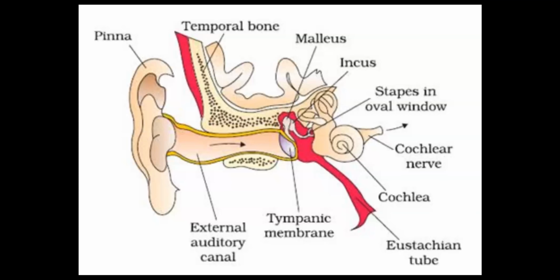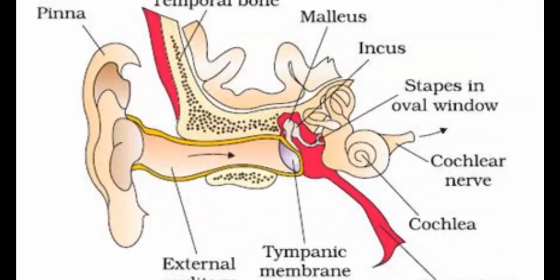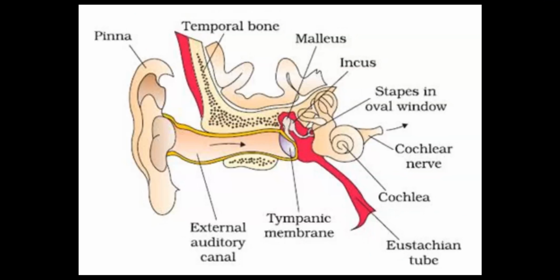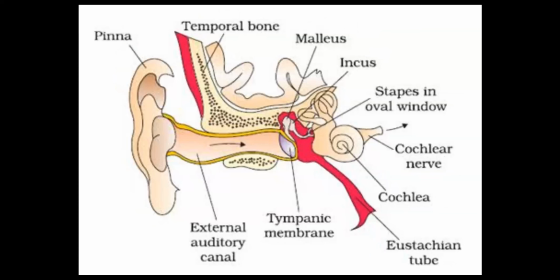Another one, ear ossicles. Now I have taught to all of you. You all know it. I have mentioned it in detail that your ear structure I have explained in the chapter number 4, the ear development in vertebrates. That time I mentioned that inside the middle ear cavity there are three bones.